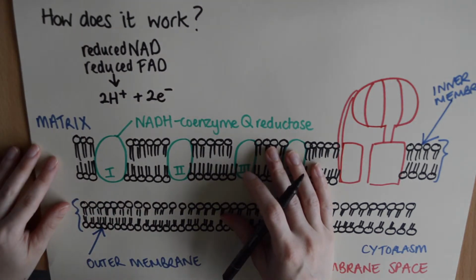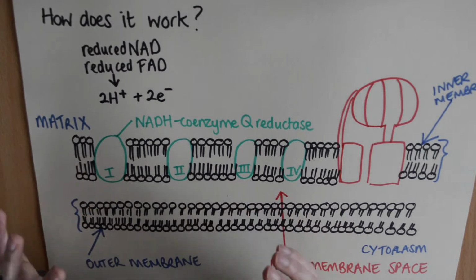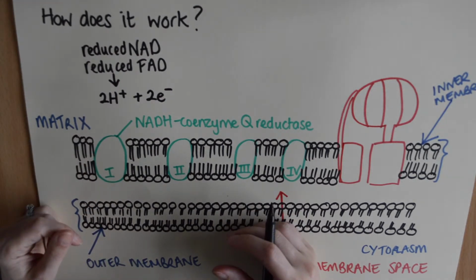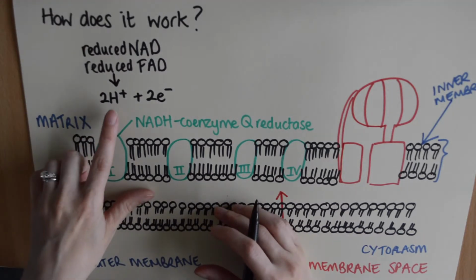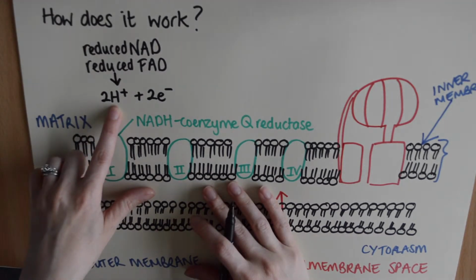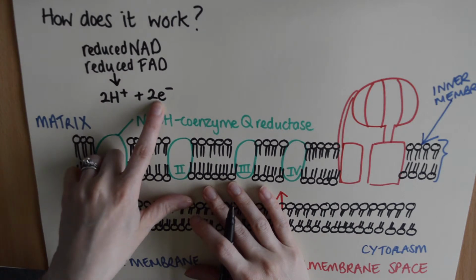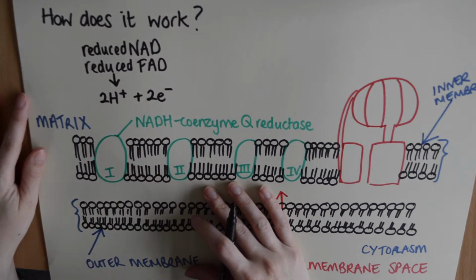Okay? Now that happens in the process of an enzyme which you don't need to know the name of. Okay, so the hydrogen atoms are split into their protons or hydrogen ions and their electrons.